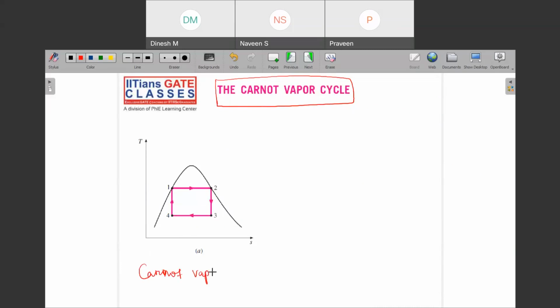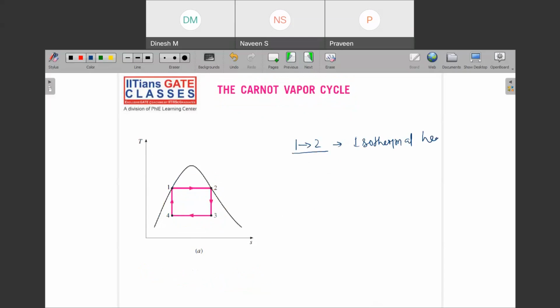So what happens in the Carnot cycle? Can you recall that we have two isentropic processes and two isothermal processes, heat addition and heat rejection? Let me tell you what happens in this cycle. From 1 to 2 is the boiler part where you have isothermal heat addition.